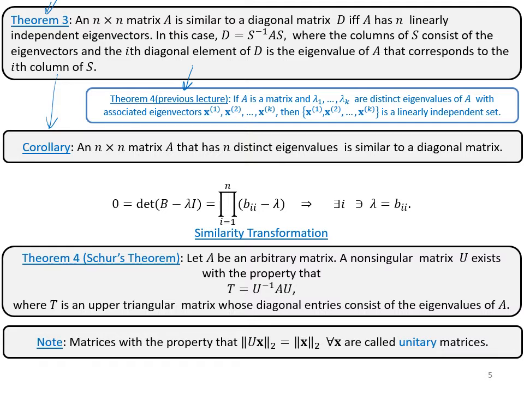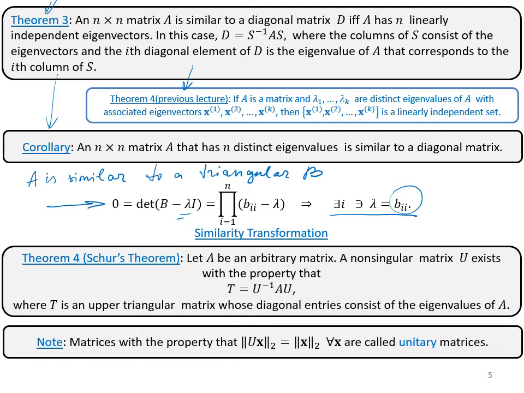Now suppose that we have matrix A, which is similar to triangular matrix B, and in order to find our eigenvalues lambda, we should solve this equation, and we can get a solution if and only if lambda equals the diagonal elements b_ii of matrix B for some i.